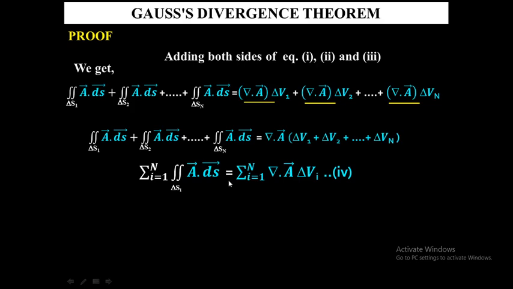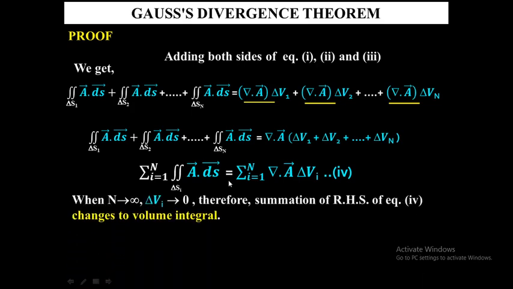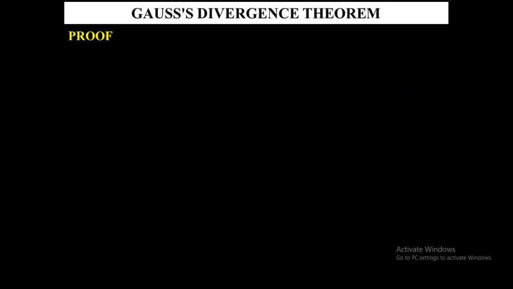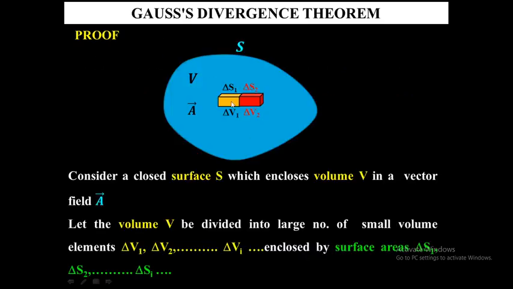Now if we consider n tends to infinity, n tends to infinity means the number of volume elements becomes infinite. Again I am showing the figure. If n tends to infinity, then each volume element will become very small.